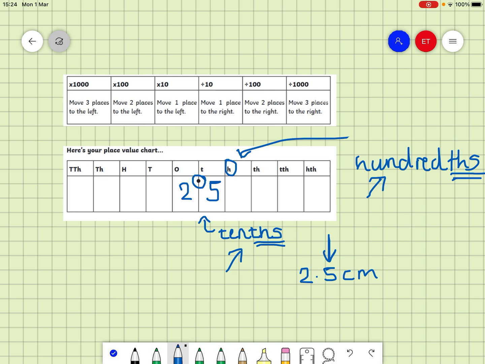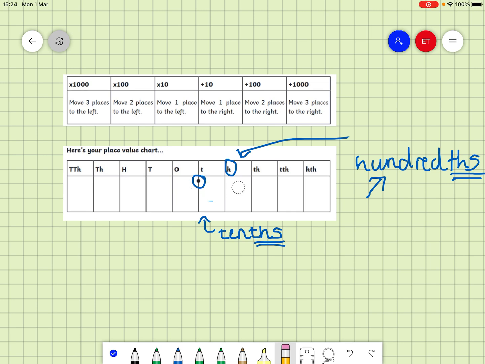Okay, you might have to be really precise. You might say something is 2.51. Okay, so that would mean there's 2 ones. We've got a decimal point, 5 tenths, and 1 hundredth. Okay, so I'm just going to rub that out just now.